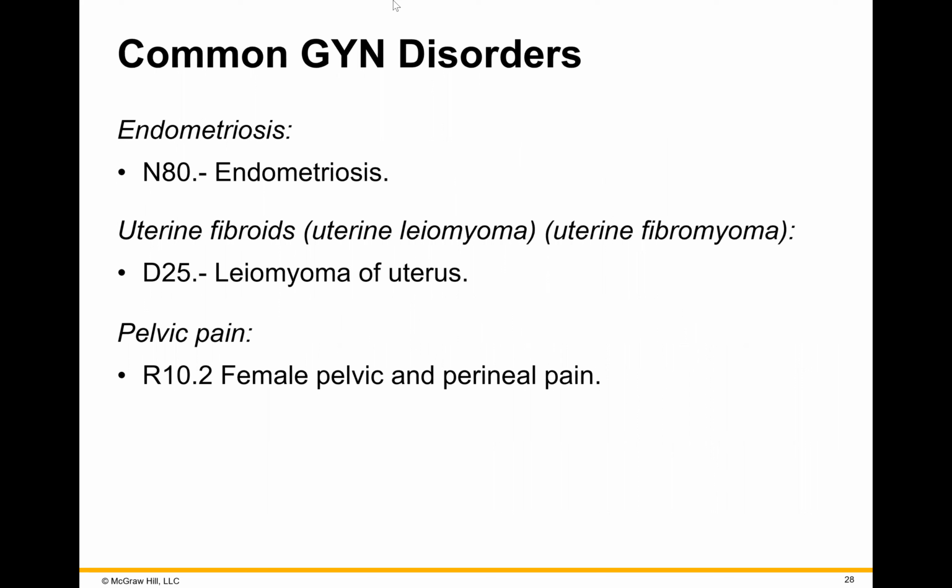Common GYN disorders that we see: endometriosis, N80, fibroids, D25, and then going back to what we learned in the guidelines about symptoms versus diseases, pelvic pain that doesn't have a diagnosis is R10.2.